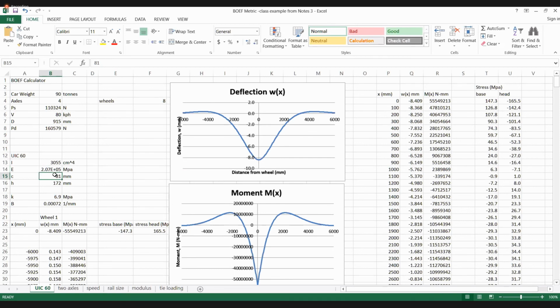C is the distance from the base of the rail to the neutral axis. That's how it's defined, and it's in that same table I showed you a moment before. In fact, let's go back and make sure you know where you see everything here.